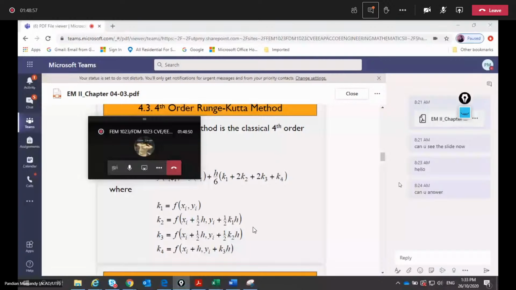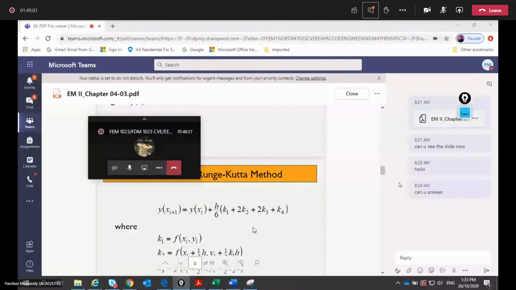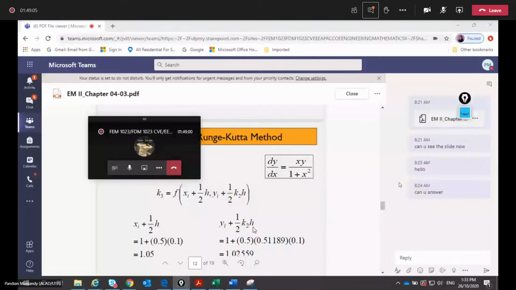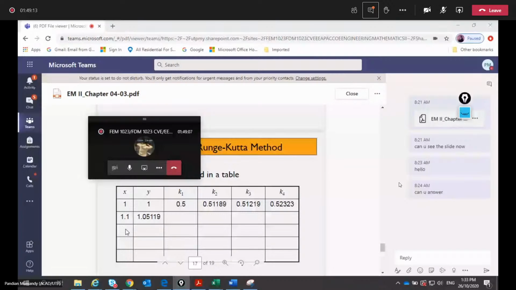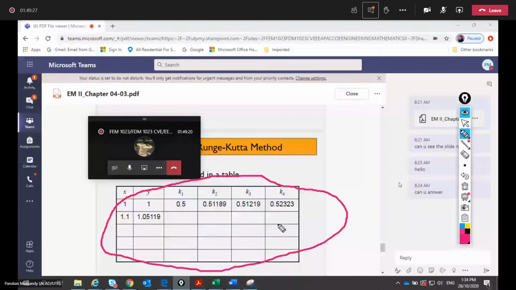So try to complete the table, and that is our final advice for you. Even though 1.2, 1.3, 1.4 are not written, please go home and try to work it out. Try to complete this table first, one by one, the second iteration, third iteration, fourth iteration, fifth iteration. Then you can see very clearly what is happening, especially for the output.